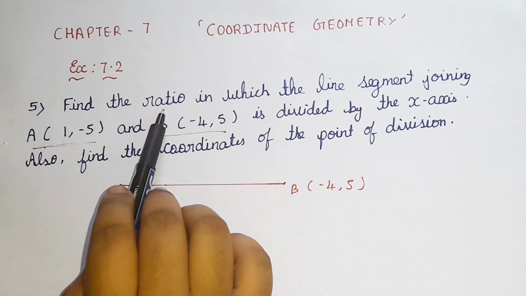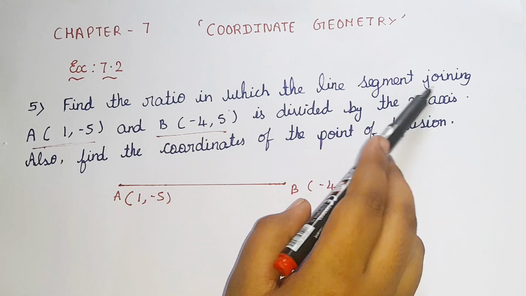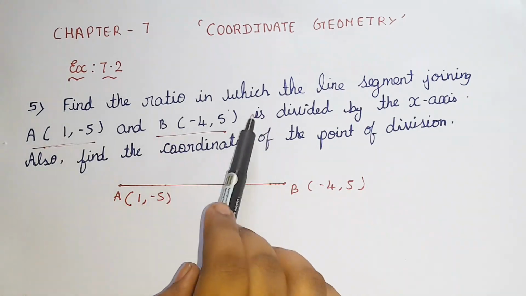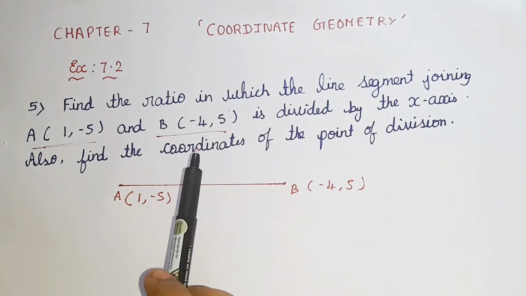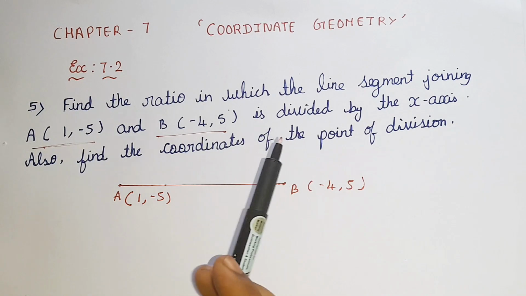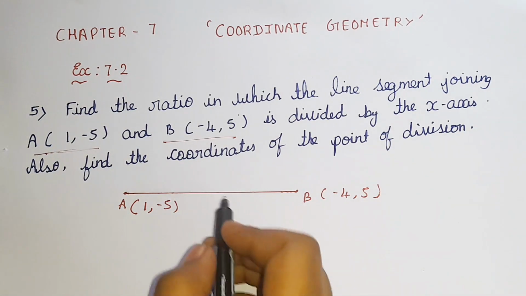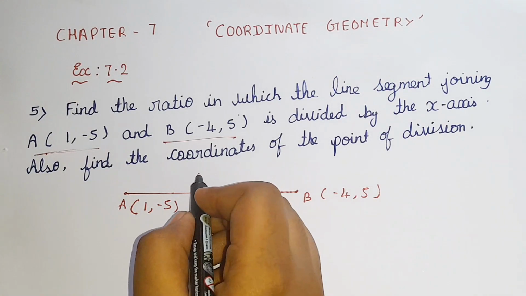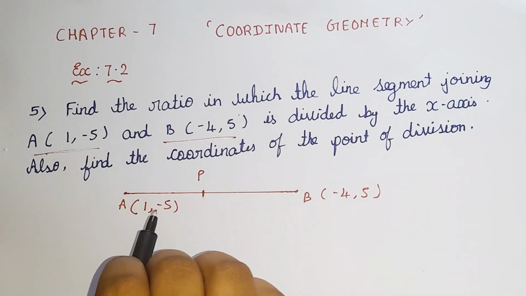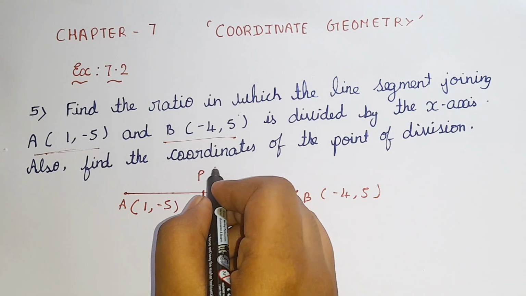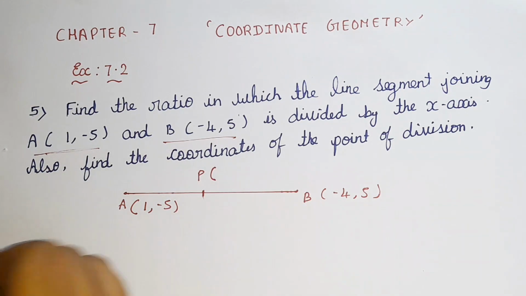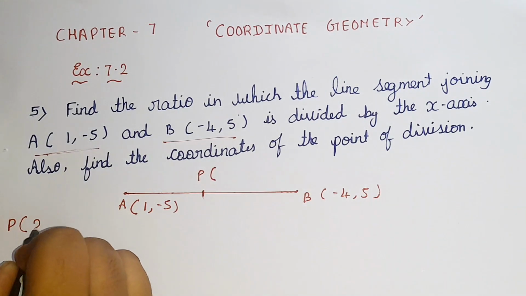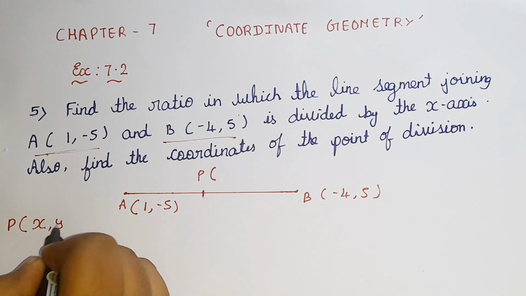We are supposed to find the ratio in which the line segment joining A and B is divided by the x-axis. So what is the meaning of that? If I divide this line segment by this particular point and name it P, then this P has 2 coordinates, the x coordinate and the y coordinate.